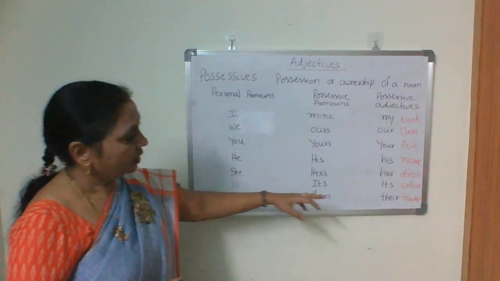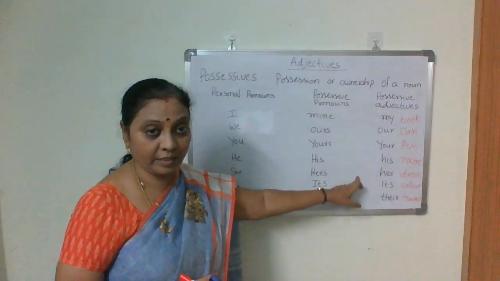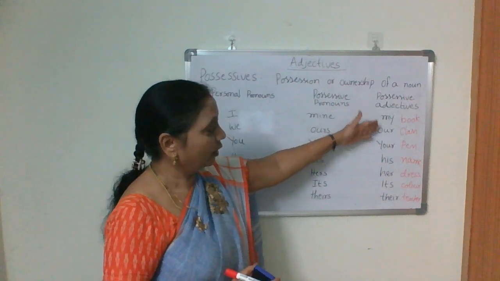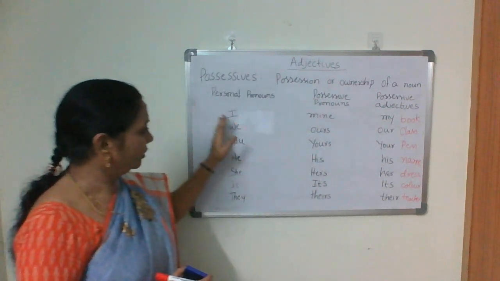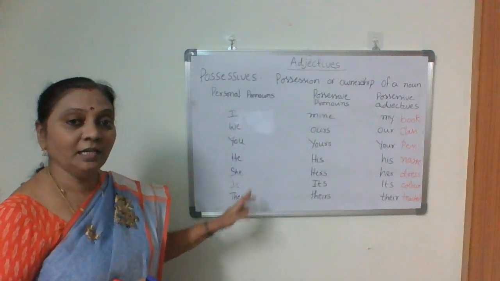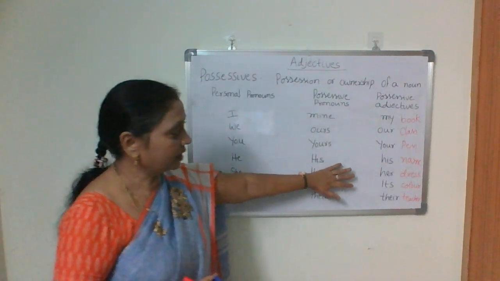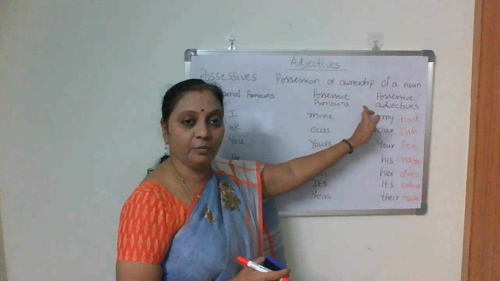Okay, so these are all nouns and these are all possessive adjectives. Once again, my, our, your, his, her, its, their. So these are possessive adjectives for these personal pronouns. Now it is clear. Now let us look at the examples of these possessive adjectives.